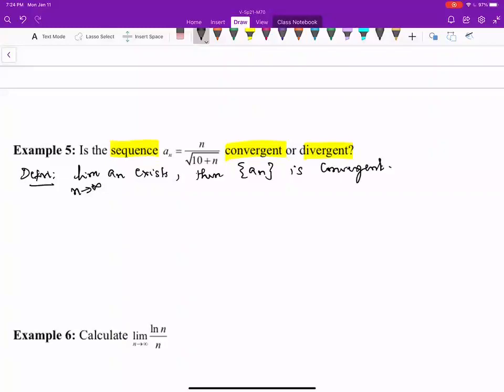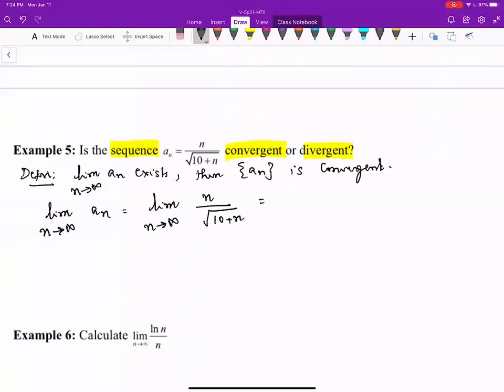So we are going to decide by looking at the limit of the nth term an, which is the limit as n approaches infinity of n divided by square root of 10 plus n.